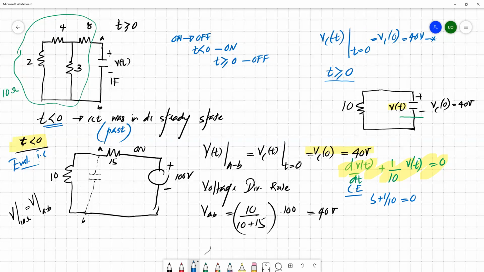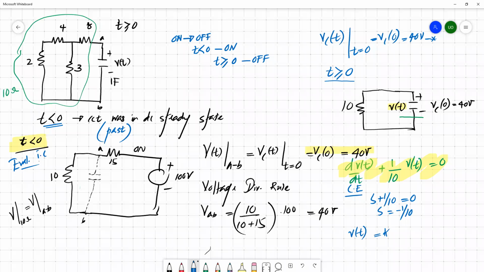By solving this, we can easily evaluate the root of this characteristic equation, which is the exponent of the trial solution. So we can simply say V(t) equals a constant K times e to the power minus t over 10.